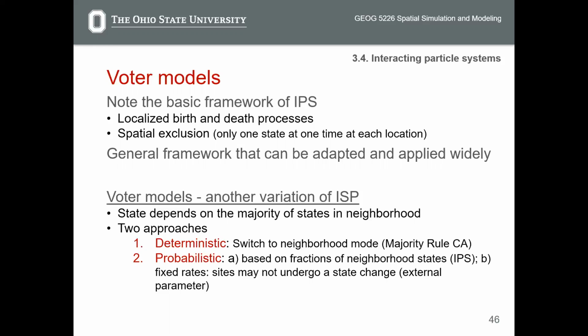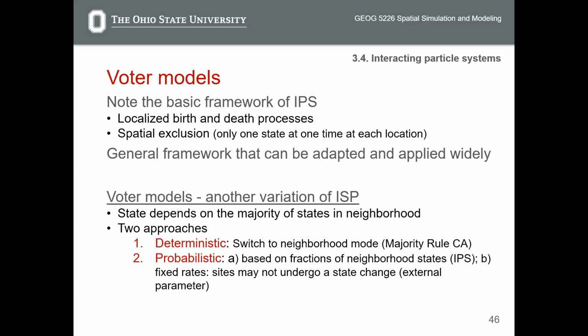The state of the central cell is based on fractions of neighborhood states, right? Of course, that's beta, right? And also, we can simply give a set probability or a fixed rate, right?